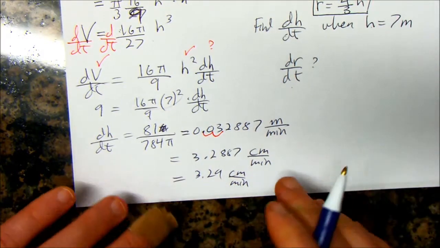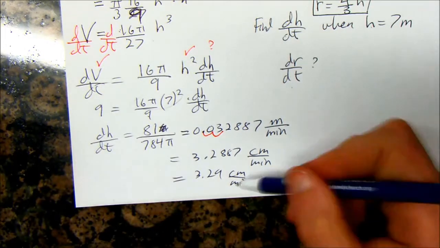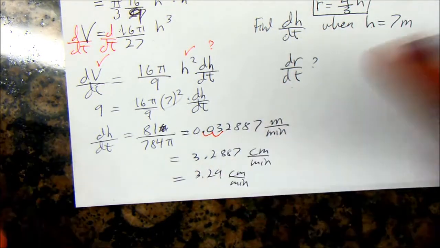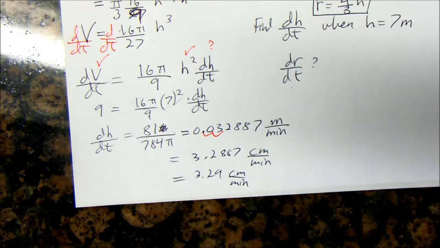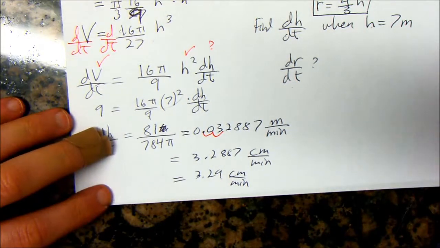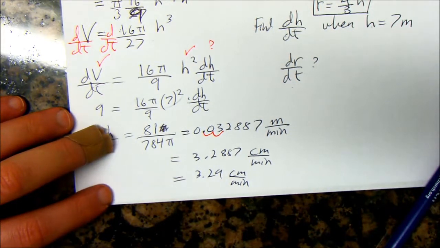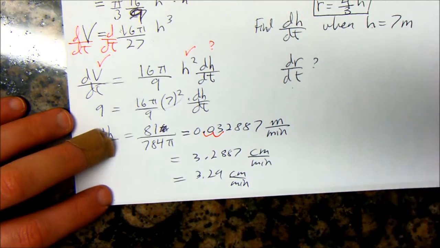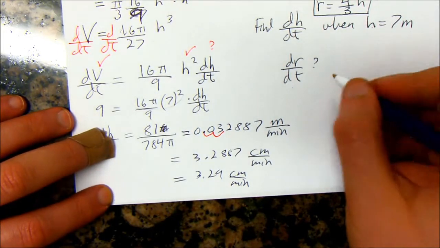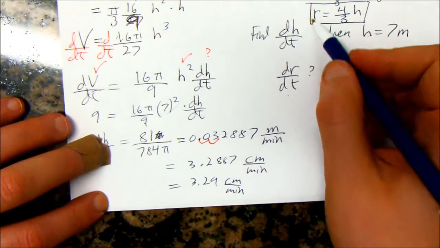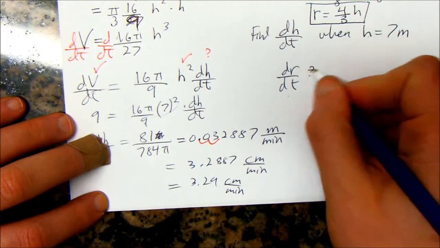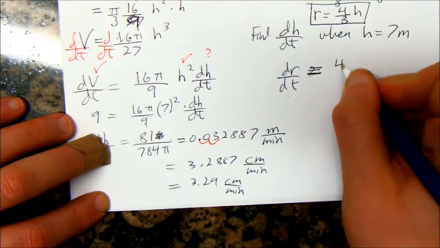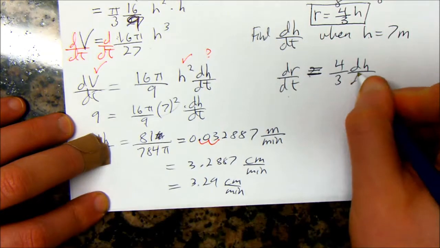All right, I really apologize for that tedious step. They should not be making you do something like that with all the other stuff that's already going on in this problem. Now, figure out dr/dt. Okay, well, we have a relationship between r and h here, so let me just say, okay, dr/dt is going to be equal to 4/3 dh/dt.